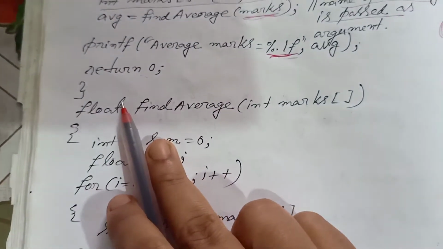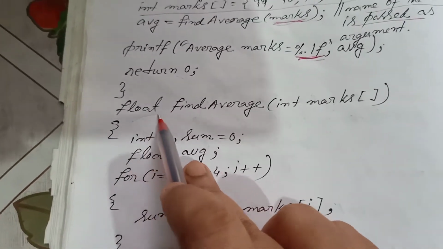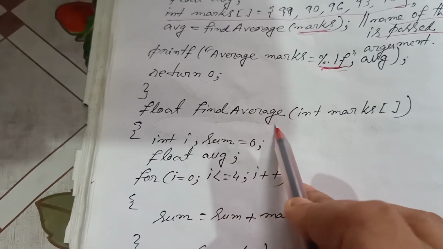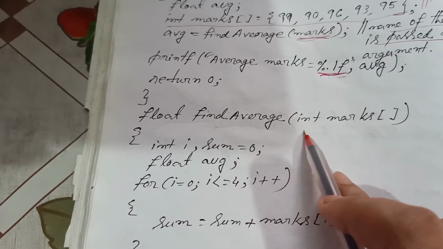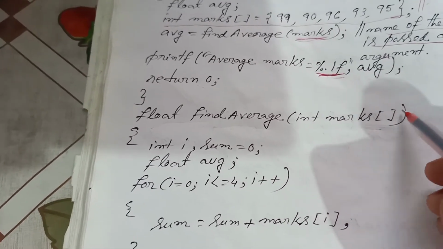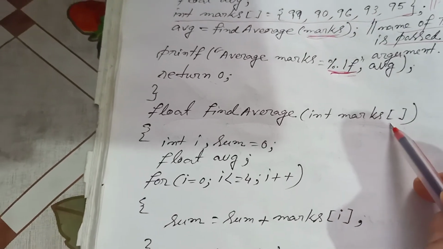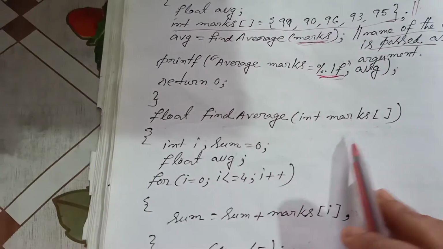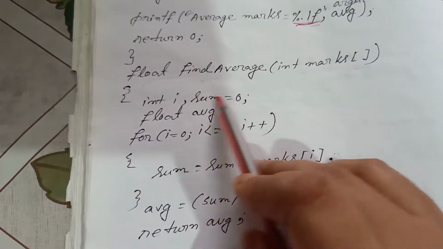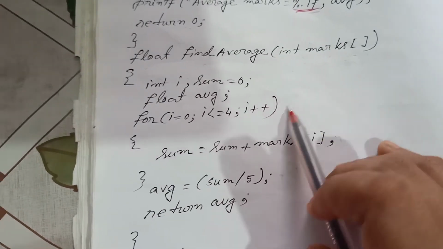Now return 0. Now define the user defined function float find average. Within the first bracket int marks, we don't require to mention the array size as per the declaration. So int i and sum equal to 0 are declared in this user defined function.